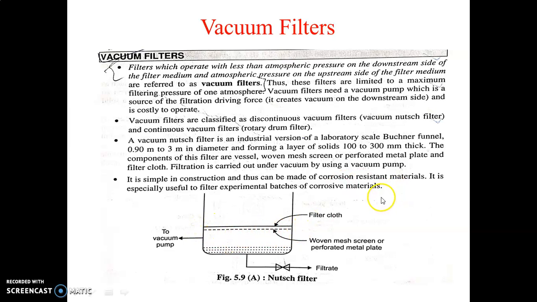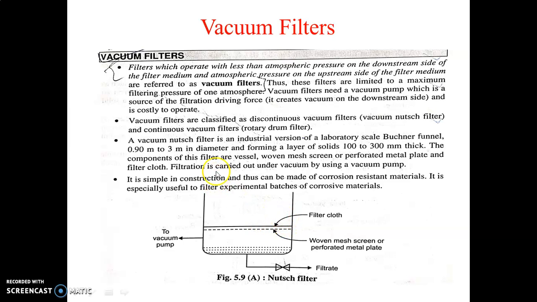This is the second part. And the filter cloth. On top of the surface of this woven mesh screen or perforated metal plate, we have to place the filter cloth here.